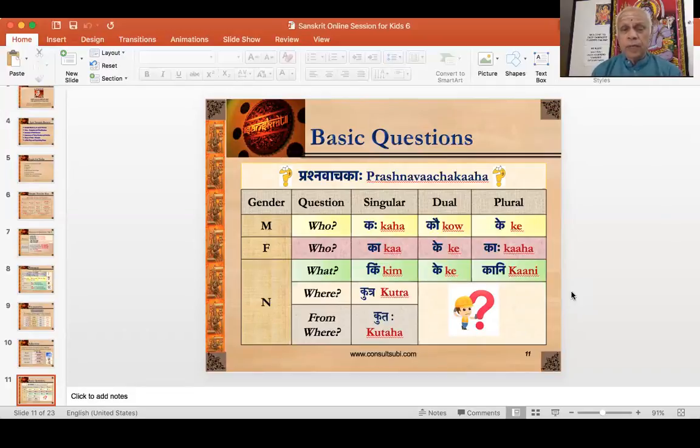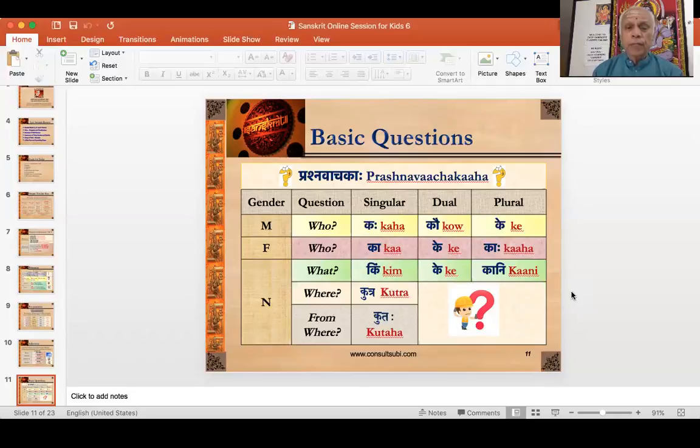Likewise, if it is a female gender, the question will be different. It is not the same as male gender. From the question itself, you can know the gender with whom you are addressing. In English, it doesn't matter, but in Sanskrit, it does.